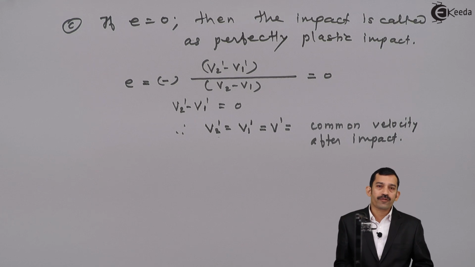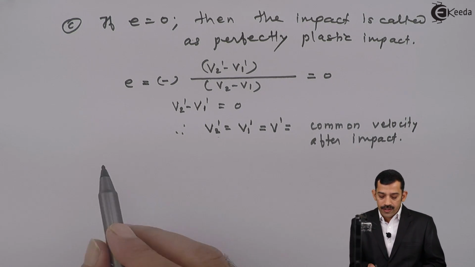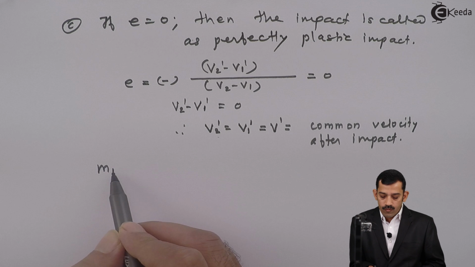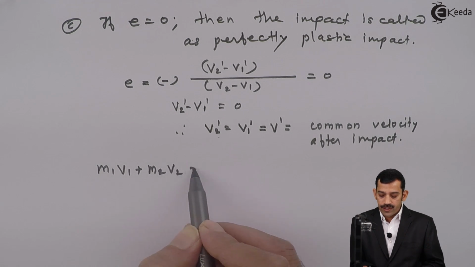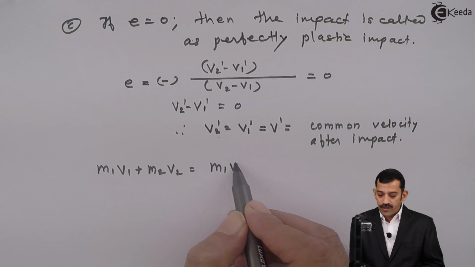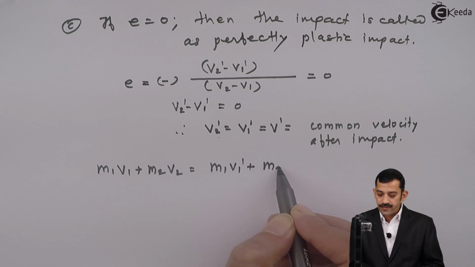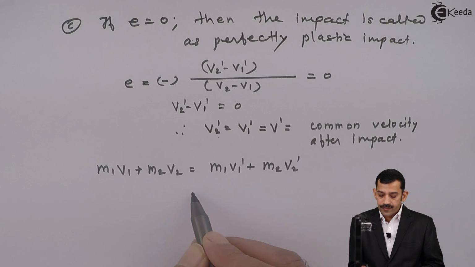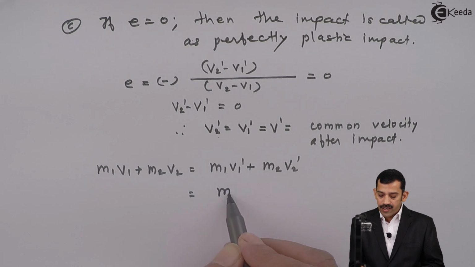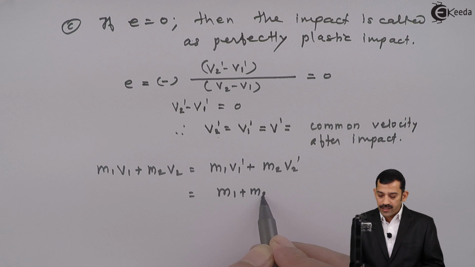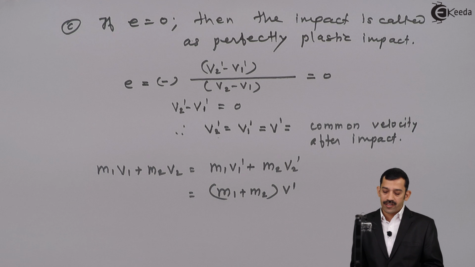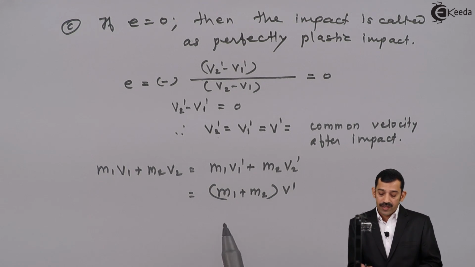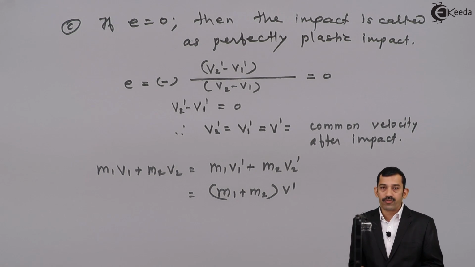You know the law of conservation of momentum. The law of conservation of momentum is M1 V1 plus M2 V2 equal to M1 V1 dash plus M2 V2 dash. As you know, V1 dash and V2 dash are the same, so I will write V dash common, because V1 dash and V2 dash have the same magnitude. That means M1 V1 plus M2 V2 equal to M1 plus M2 into V dash.